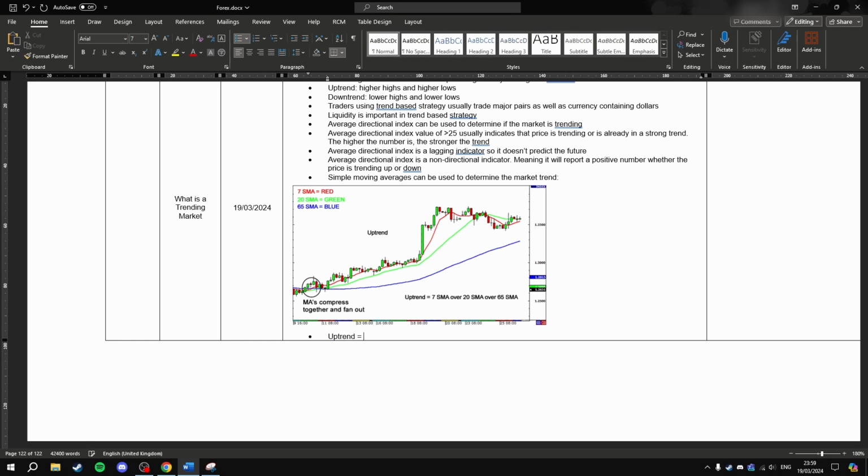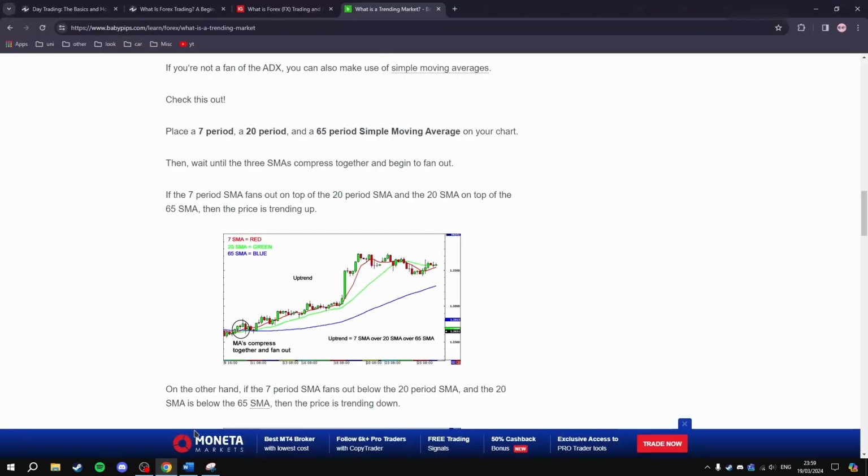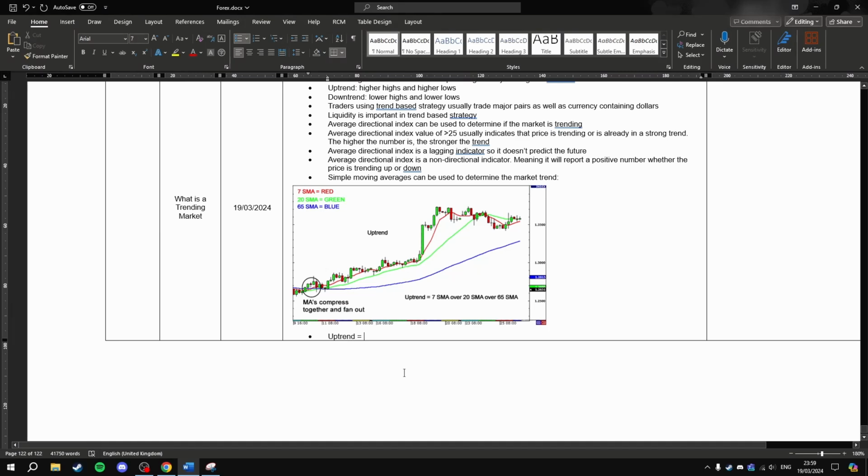Uptrend is equal to 7 SMA over 20 SMA over 65 SMA.